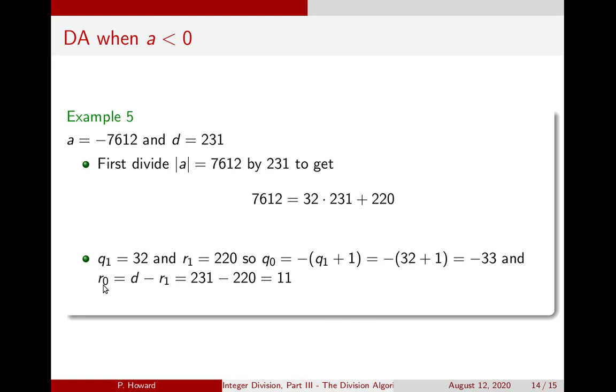And R0 is D minus R1. That's 231 minus 220 is 11. So, writing the results of the division algorithm in equation form, minus 7612 is Q0 times 231 plus R0. Q0 is minus 33, and R0 is 11.